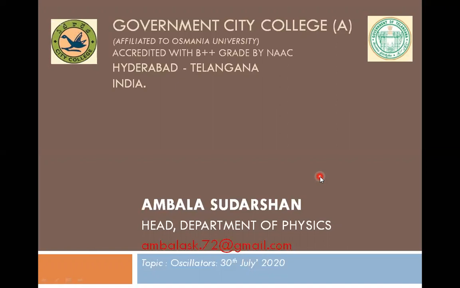We studied the configurations: common base, common emitter and common collector. The characteristics of the transistor in different configurations, input as well as output characteristics, were studied. We have covered the amplification factors for common base, common emitter and common collector as alpha, beta, gamma.